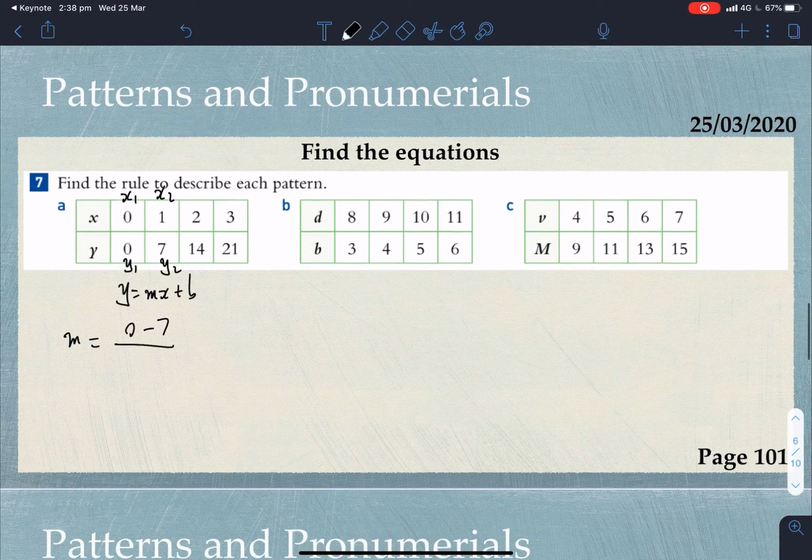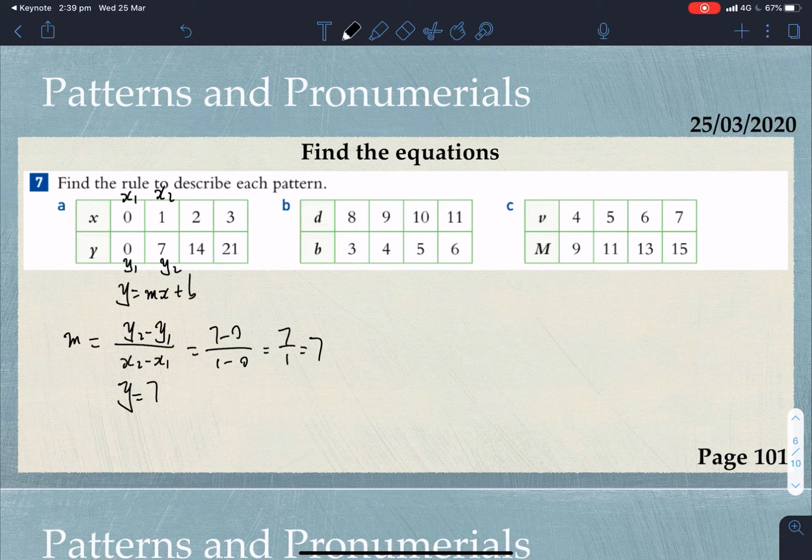Sorry, m equals y2 minus y1 over x2 minus x1. So y2 is 7, y1 is 0. Sorry, my bad. So next bit will be x2 minus x1, so 1 minus 0. So it's 7 over 1, so m is 7.